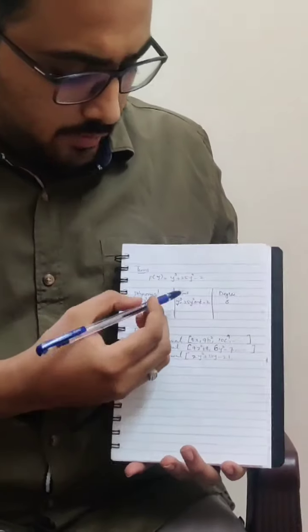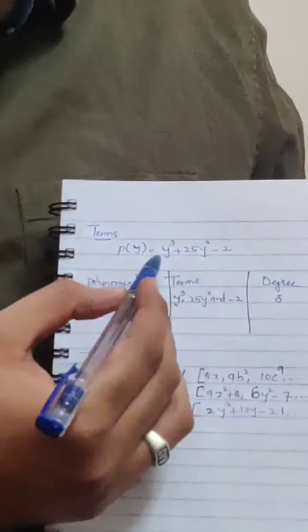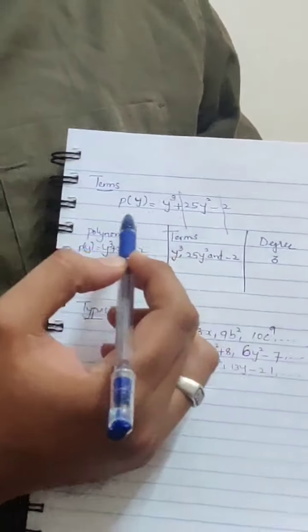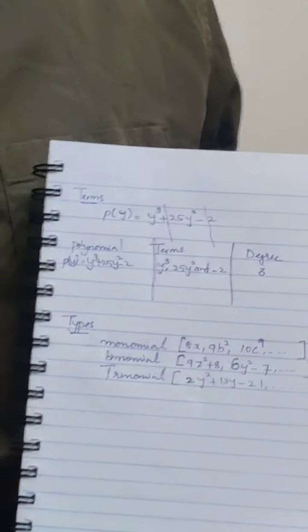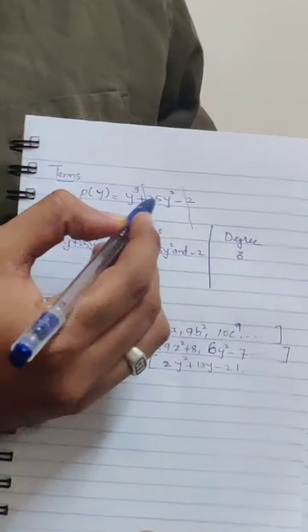I am taking a new polynomial expression here: p of y is equal to y cube plus 25y square minus 2. Here, each term is separated with the help of mathematical operators. What are the mathematical operators here? Plus and minus.